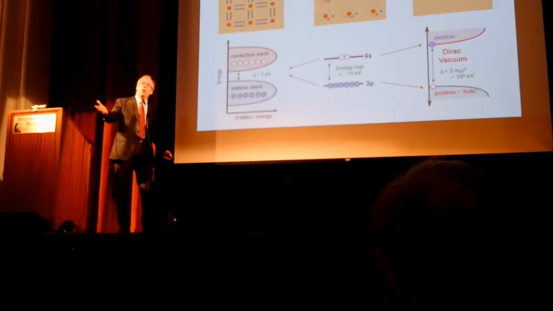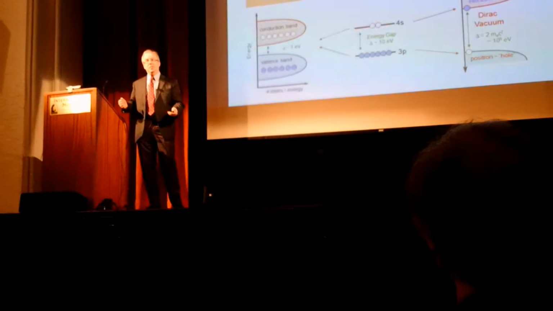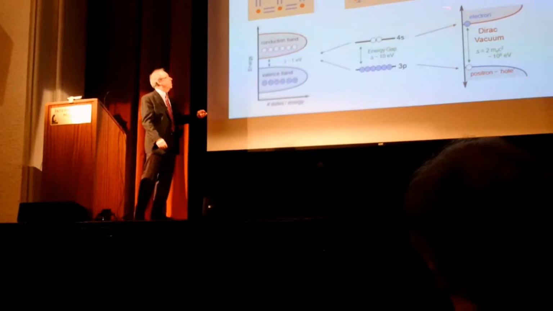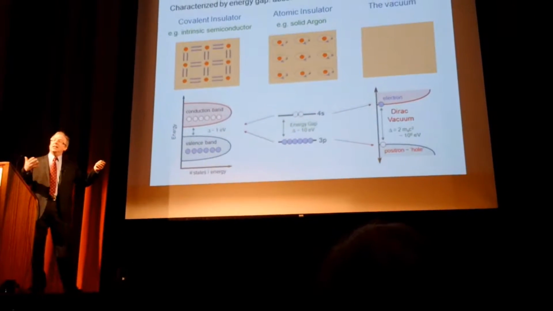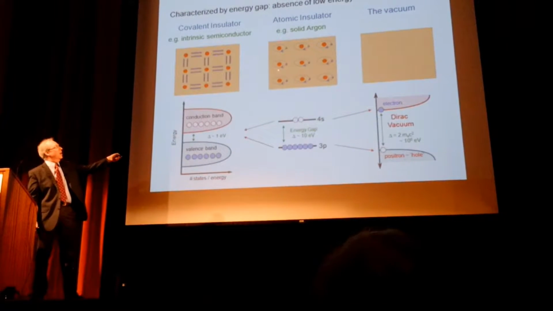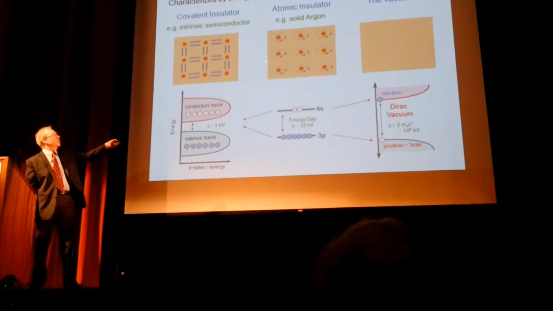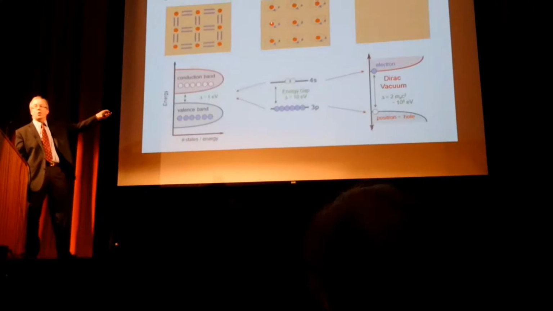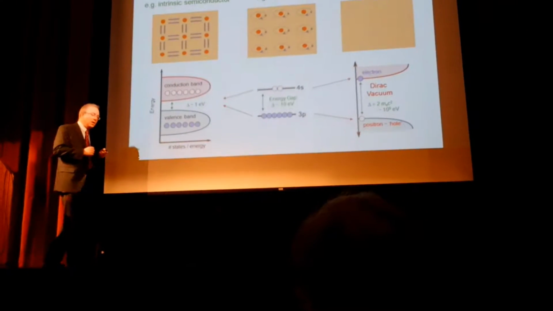Now, when we teach physics to our beginning physics students, we teach them about insulators. And here's what we tell them. An insulator does not conduct electricity because the electrons of the insulator are all bound to atoms. All the electrons are stuck at home on their home atom, and they can't go anywhere, so the system can't conduct electricity.